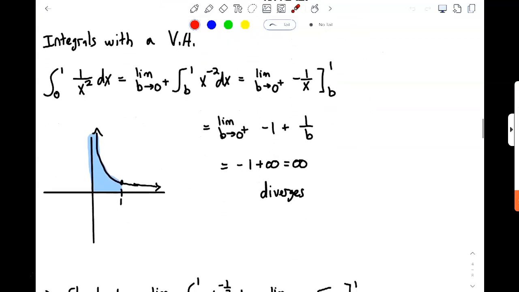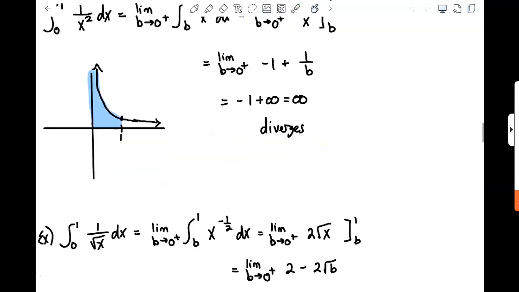Then we also again looked at vertical asymptotes. For example, we looked at the integral from 0 to 1 of 1 over x squared. For that one, the asymptote was at 0, so we put a variable in and talk about a limit. When we tried to evaluate that, we got that it went to infinity, so it diverged.